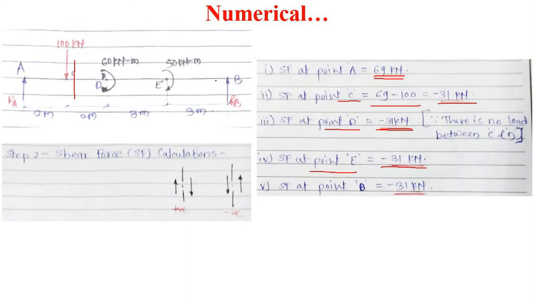From E to B, again no additional load is there, so shear force will remain the same from E to B. At point B we consider the reaction RB, so shear force at point B remains the same, and RB is equal to minus 31 kilonewton, so again minus 31 kilonewton.